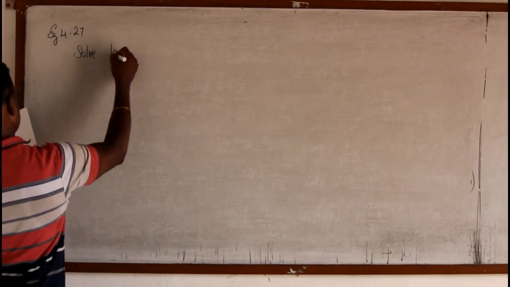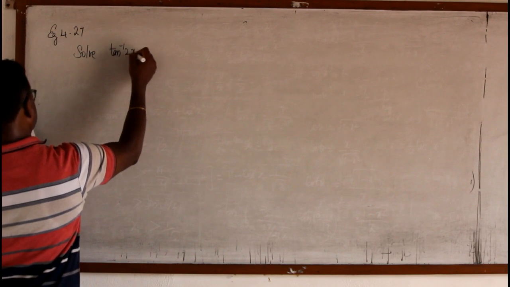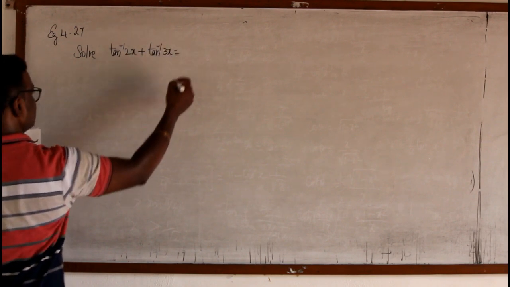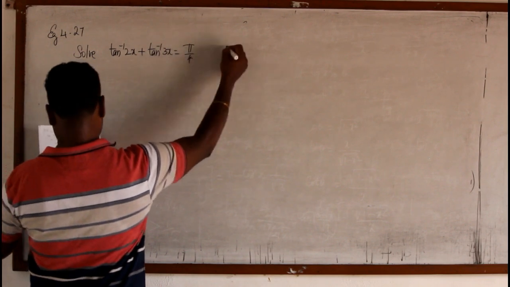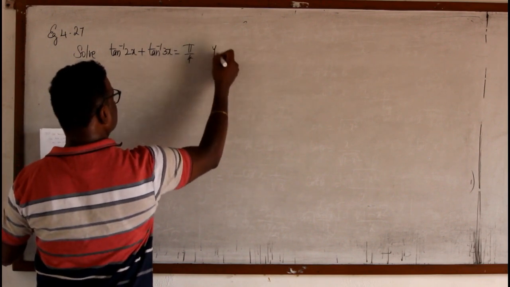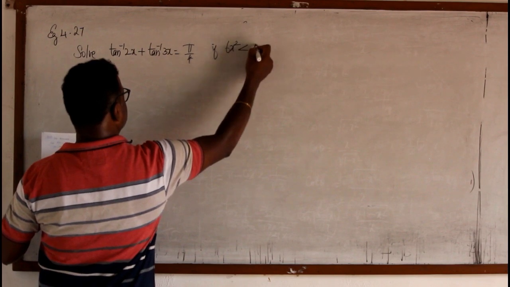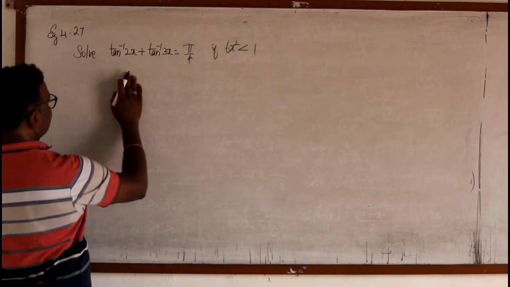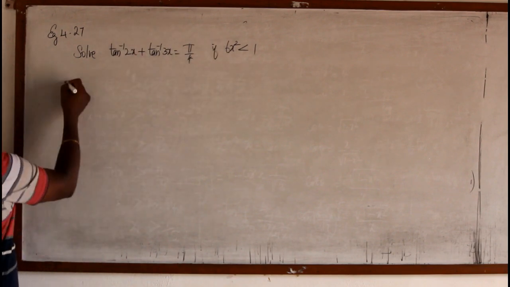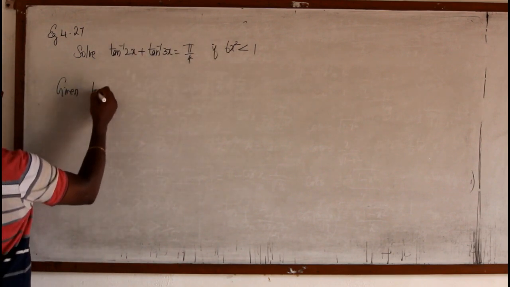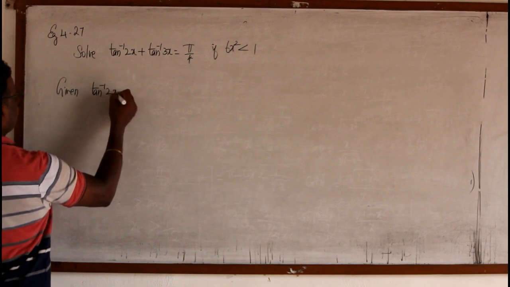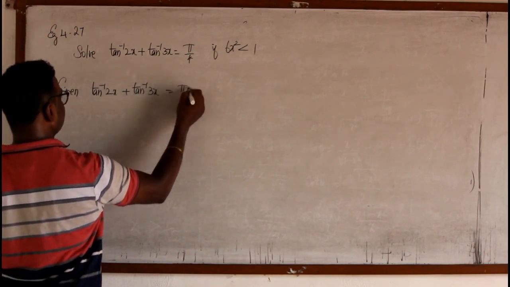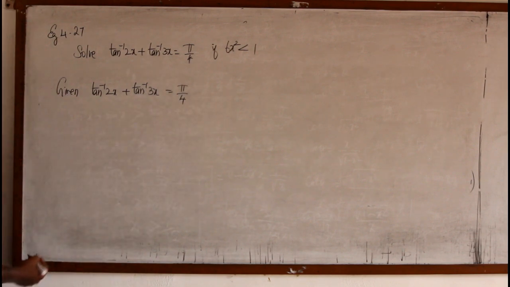This is example 4.27. Solve: tan inverse of 2x plus tan inverse of 3x equal to pi by 4, where 6x square is less than 1. That is, I have to find out the value of x with this condition. Now, given tan inverse of 2x plus tan inverse of 3x is pi by 4. Now we shall apply the formula.